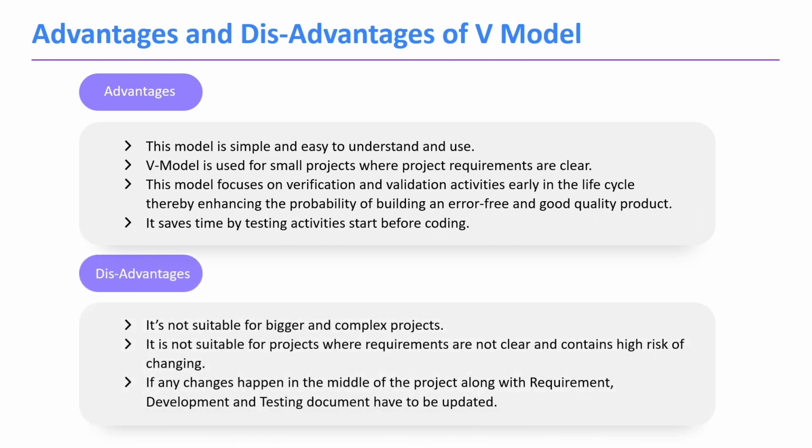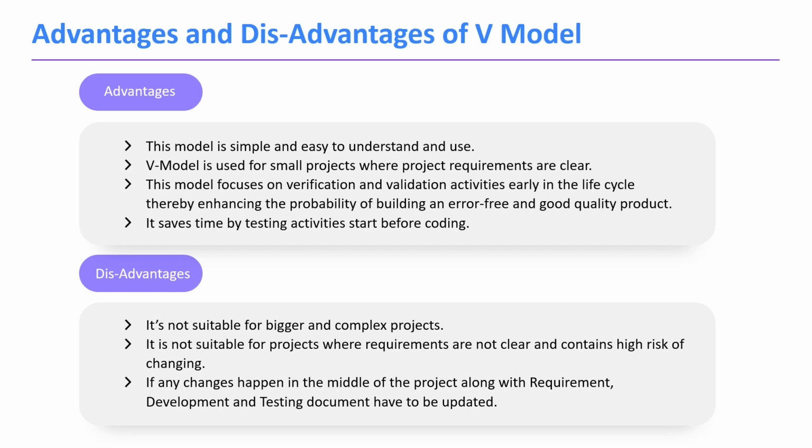Next are disadvantages. So V model is not suitable for bigger and complex projects, and the V model is not suitable for projects where the requirements are not clear and contain high risk of changing. If any changes happen in the middle of the project along with the requirement, development and testing documents have to be updated.